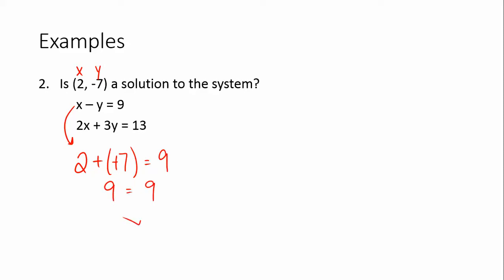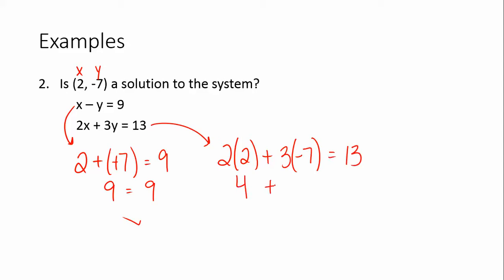That is a true statement. Now we have the second equation, 2x plus 3y equals 13, and again I need to plug in the 2 for x and the -7 for y. So I get 2 times 2 plus 3 times -7, and I want to know if that equals 13. 2 times 2 is 4. 3 times -7 is -21, so I have 4 plus -21, which is the same as 4 minus 21.